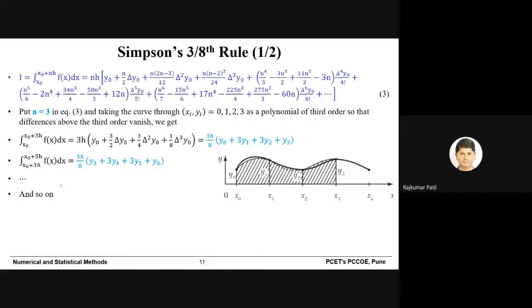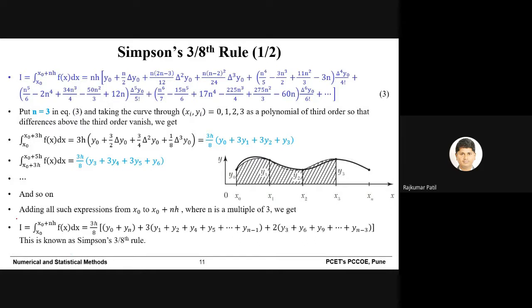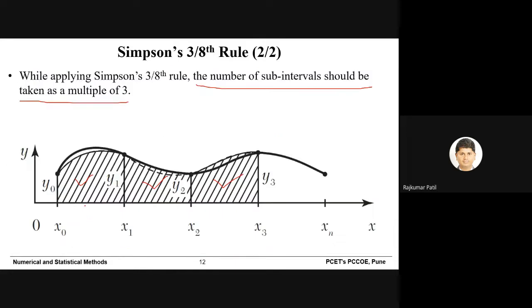Such tricky questions will be asked to you. So that part you need to understand. And while solving the questions, you need to memorize these equations for Simpson's 3/8, 1/3 and trapezoidal rule. So these 3 equations you need to memorize.